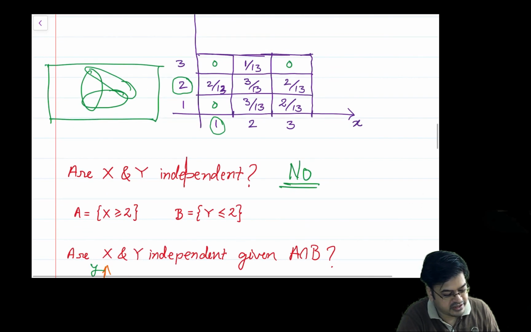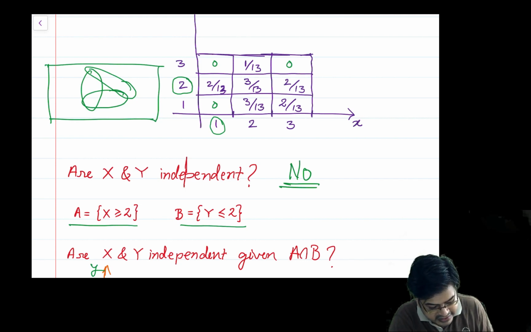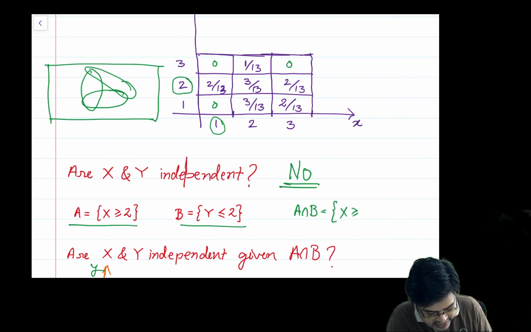So let us take one event which is x greater than or equal to 2, and the other one is y less than or equal to 2. The question that is asked is, are x and y independent given that the event A intersection B has happened? So what is the event A intersection B? It is actually x greater than or equal to 2 combined with y less than or equal to 2.